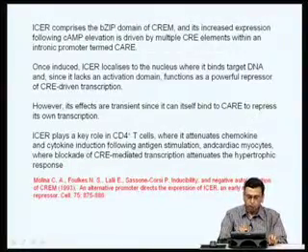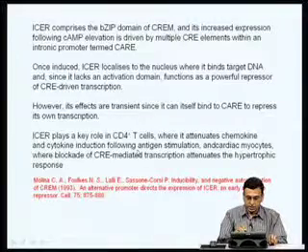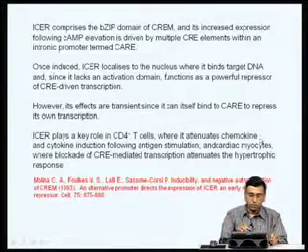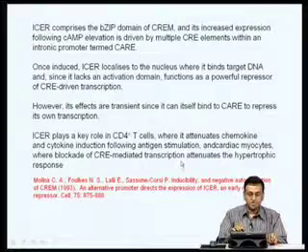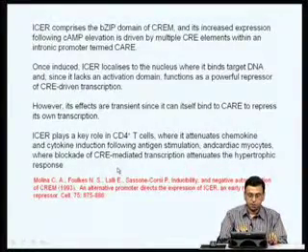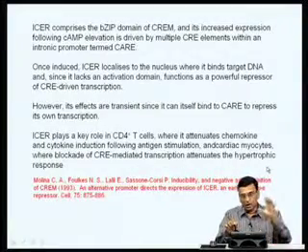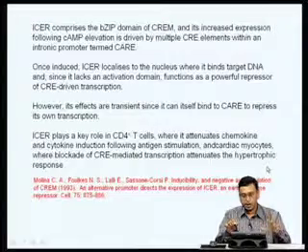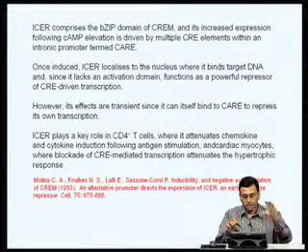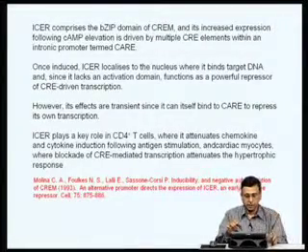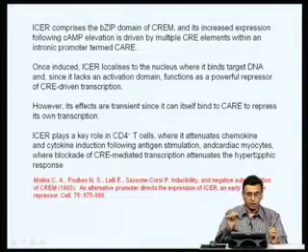ICER plays a very important role in the CD4 positive T cells, where it attenuates chemokine and cytokine induction following antigen stimulation, as well as in cardiac myocytes, where blockade of the cyclic AMP response element mediated transcription attenuates the hypertrophic response. So, the ICER plays a very important role in the regulation of antigen stimulation in the lymphocytes, in the T cells, as well as in the cardiomyocytes.